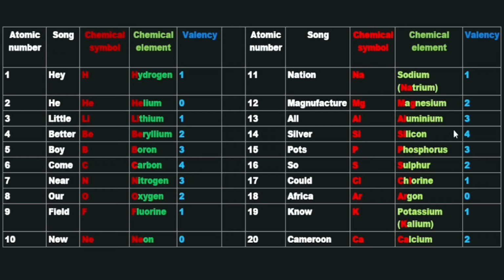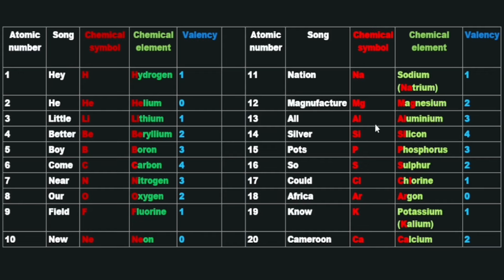Now you realize that for sodium and potassium, the chemical symbol is taken from the Latin or Greek name, natrium and kalium respectively. And again, you will observe that the chemical symbols are taken from either the element's name, like in the case of hydrogen, H, the first two letters, like in the case of helium, He, or the first letter and another letter, like in the case of magnesium, and so on.